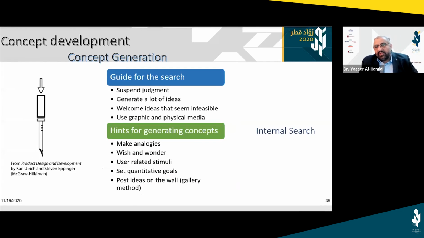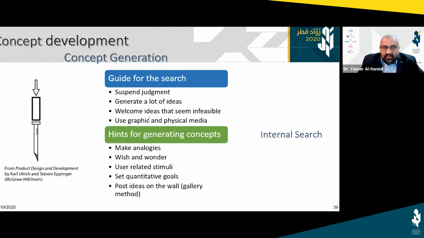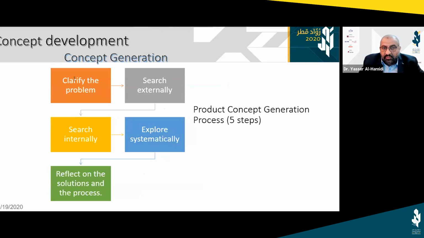What's next? You need also always to do internal search. Internal search simply means, just to remind you, we clarified we are trying to generate some concepts for our product.